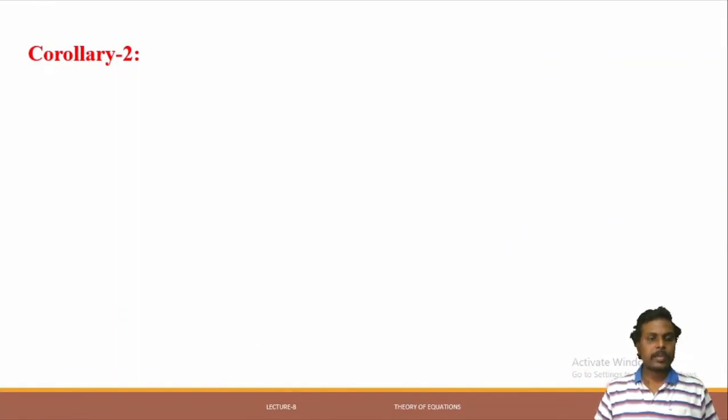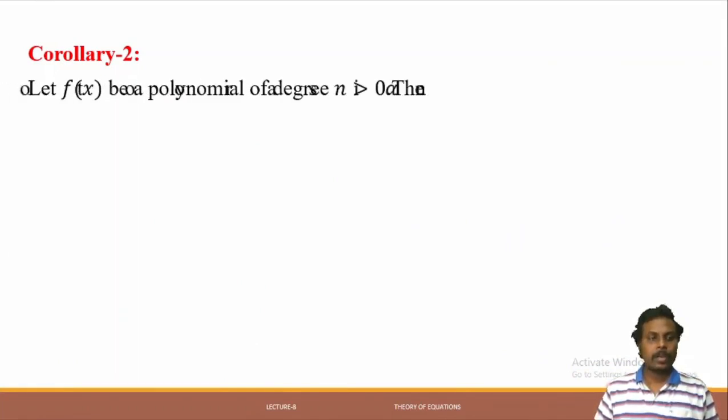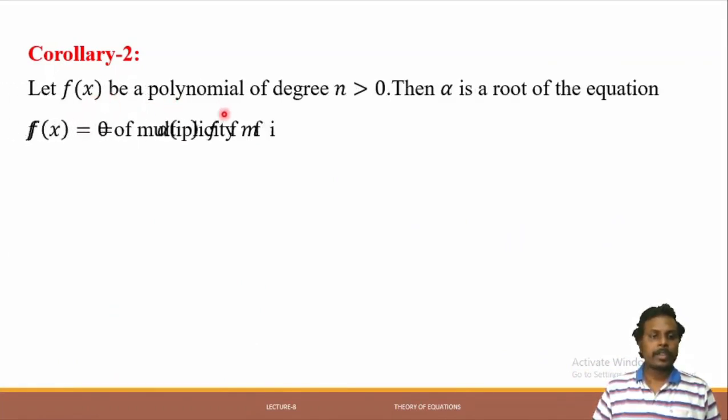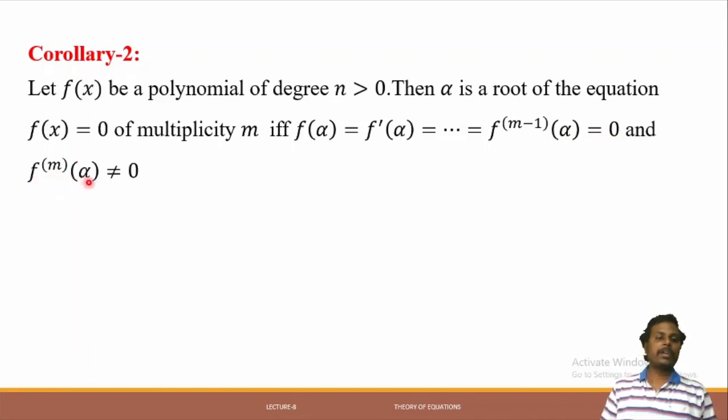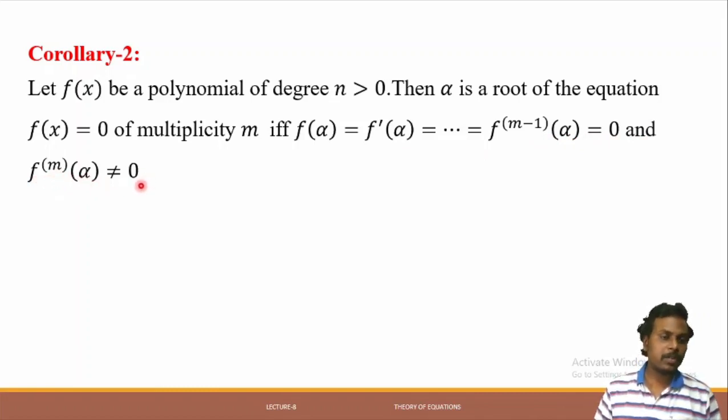Let me discuss the second corollary of this theorem. Here is the statement of the corollary. Let f of x be a polynomial of degree n greater than 0, then alpha is a root of the equation f of x equal to 0 of multiplicity m if and only if f of alpha, f dash of alpha and so on up to the m minus 1th derivative of f evaluated at alpha, all become 0, and the mth derivative of f evaluated at alpha is not equal to 0.